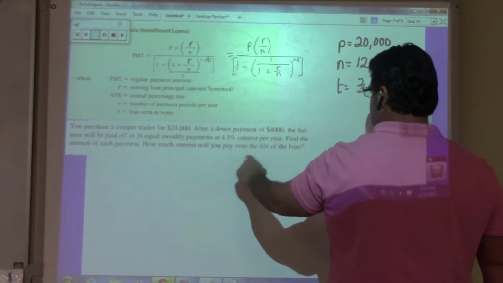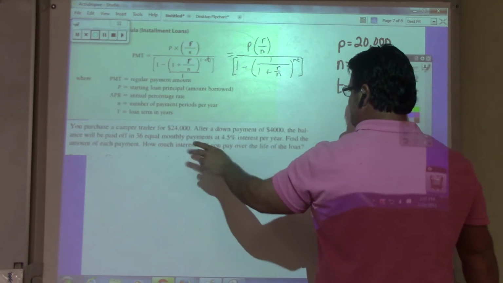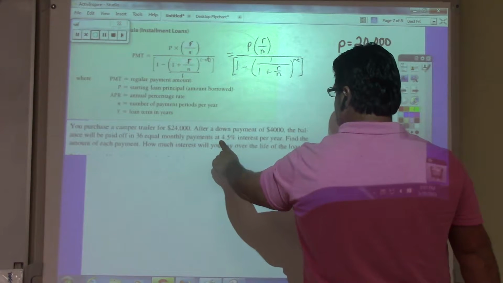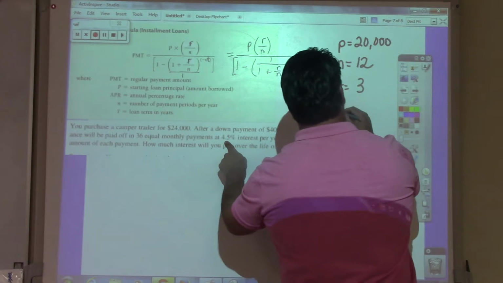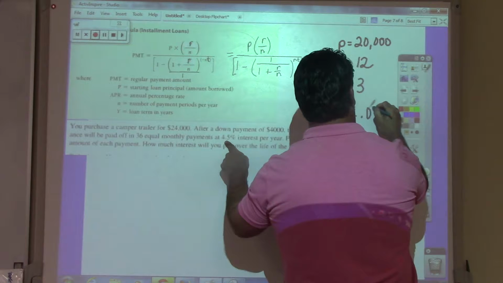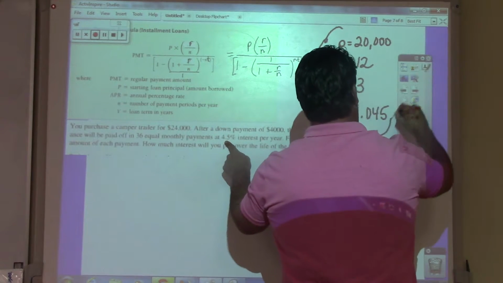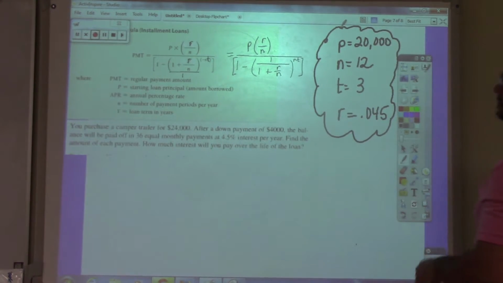At 4.5%, that's going to be 0.045, so R is equal to 0.045. And this is what you need to plug and chug into that.